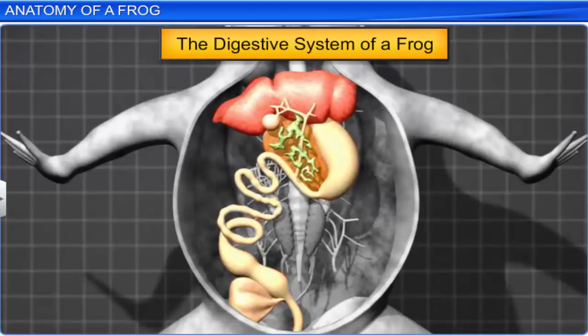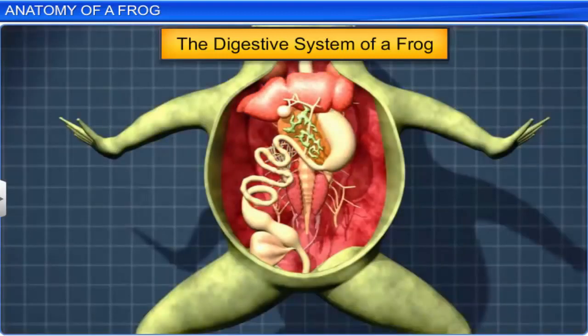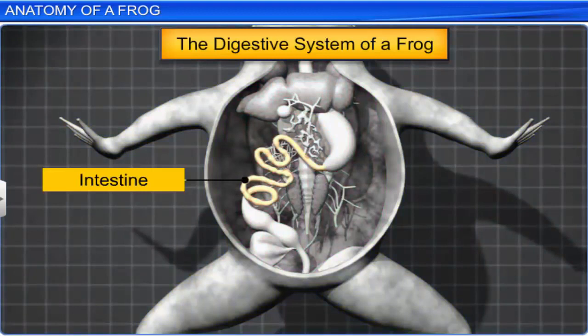The digestive system consists of an alimentary canal and digestive glands. Frogs being carnivores, the length of the intestine is reduced. This makes the alimentary canal short.